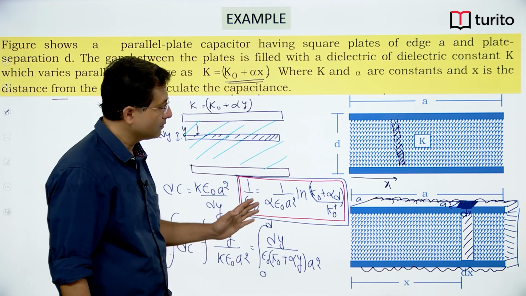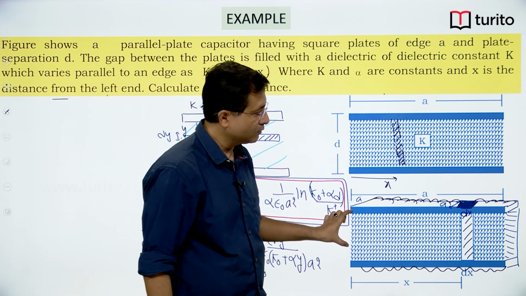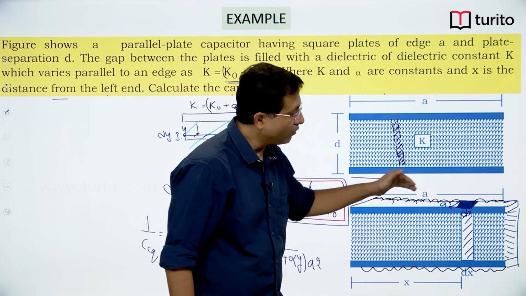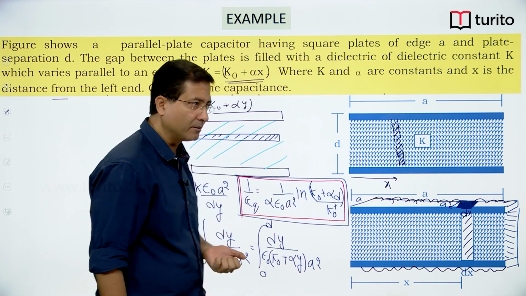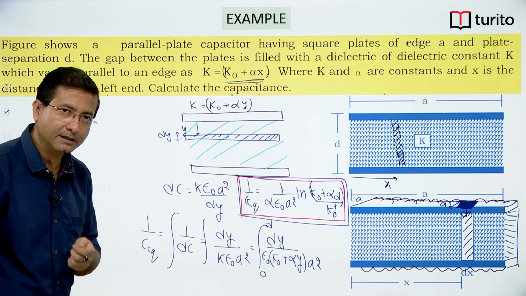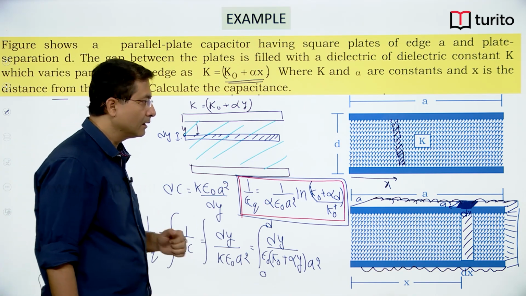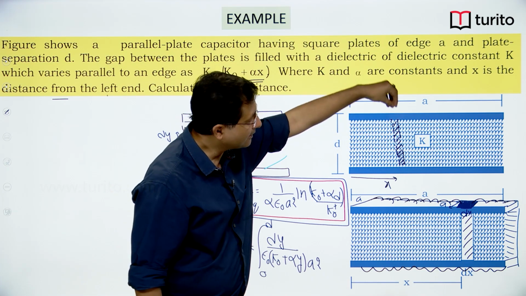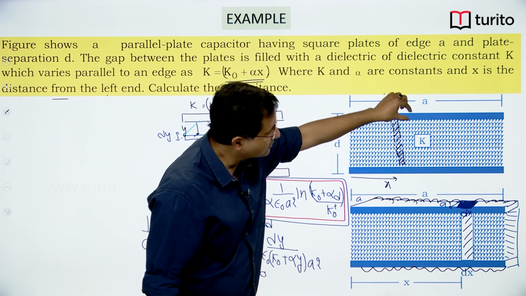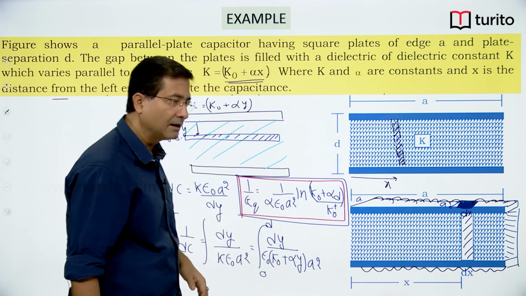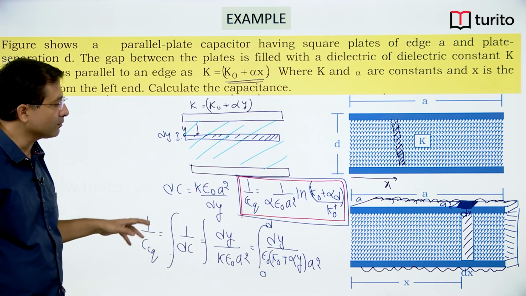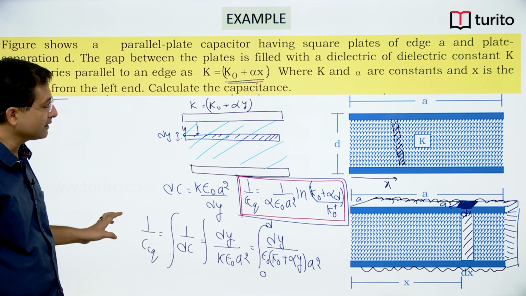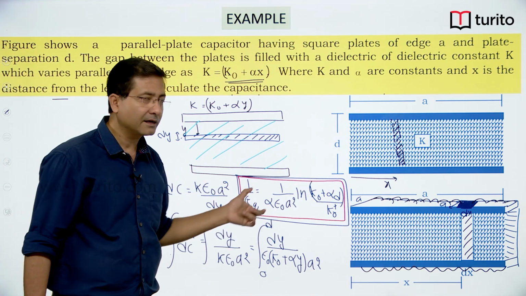So, what we have learned is that when the dielectric was varying this way, then all dCs were in parallel combination. We just integrated dC to get C equivalent. But if the dielectric constant is varying this way, then I can see all such capacitors will be in series combination, and if we apply the series combination formula, then we need to integrate 1 upon dC, and after integrating 1 upon dC, we are getting this result.